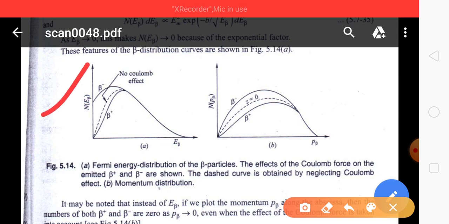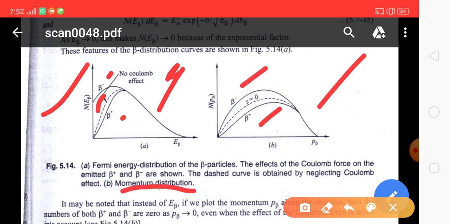Figure A represents the Fermi energy distribution of the beta particles. The effects of the Coulomb force on the emitted beta positive and beta negative are shown, and the dashed curve is obtained by neglecting the Coulomb effect. Figure B represents the momentum distribution for beta positive and beta negative. Again, at Z equals 0, that is no Coulomb effect.